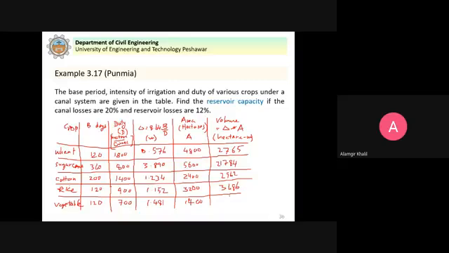And for vegetable, 2073. Now we need the total volume, because the question asks to find the reservoir capacity. So now we have to add all this. The total volume will be equal to 33,270.